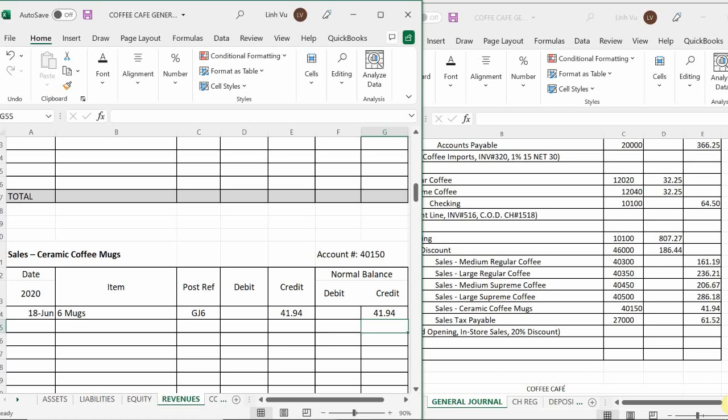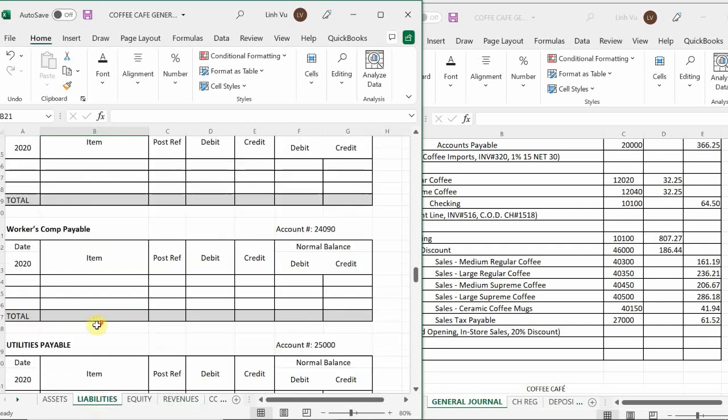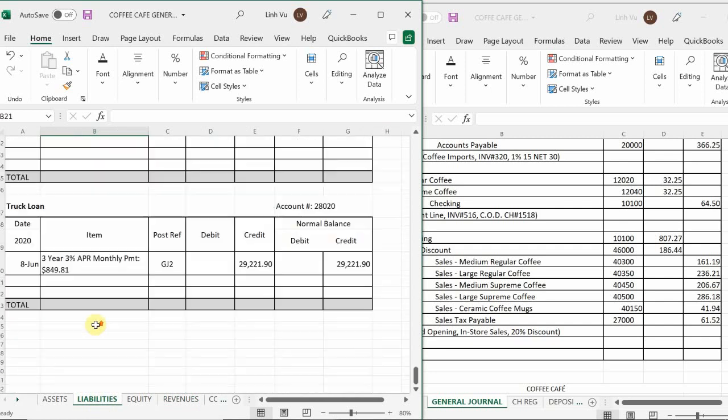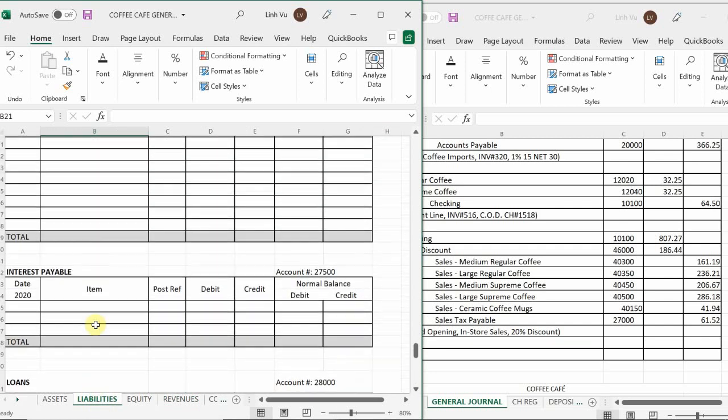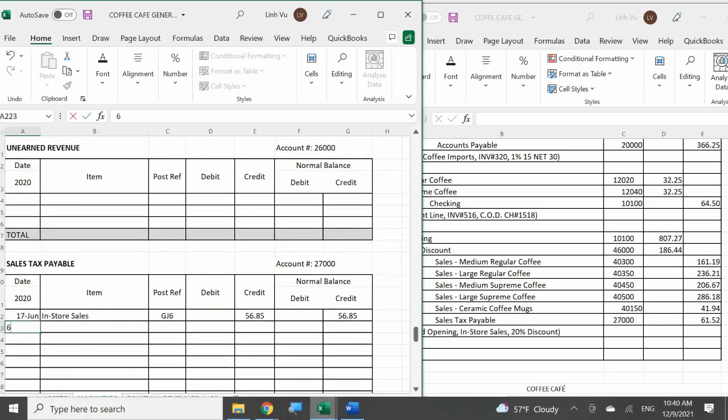Okay. Last on the list is sales tax payable. Here we are, sales tax payable. It is up to you if you want to put 8.25%. That's completely fine too. I'm just putting that it was charged for the in-store sales. Okay.